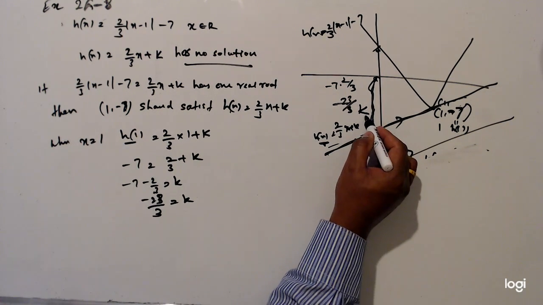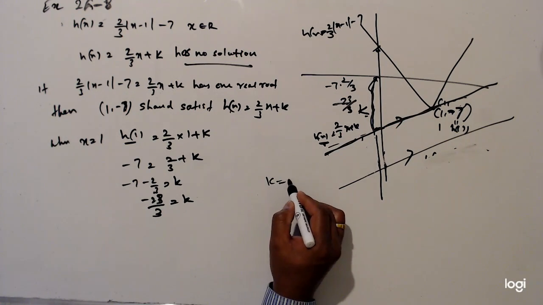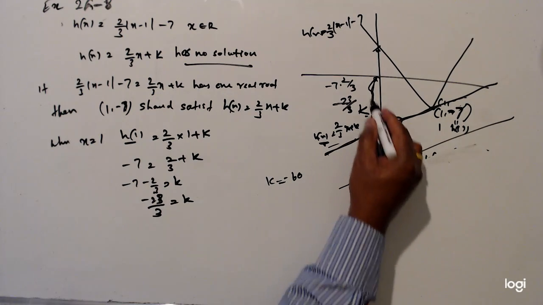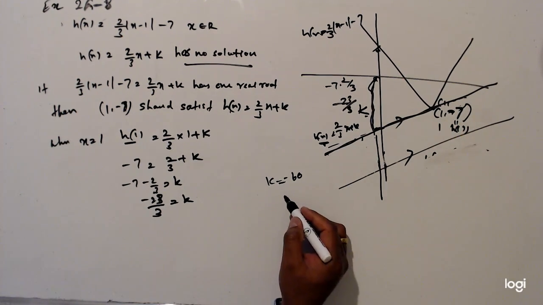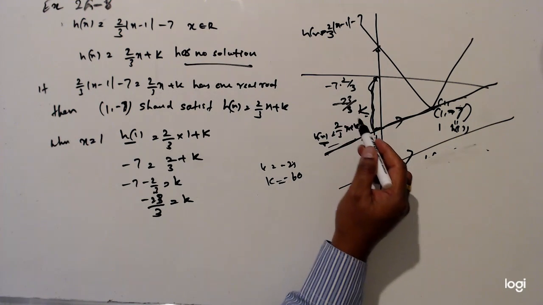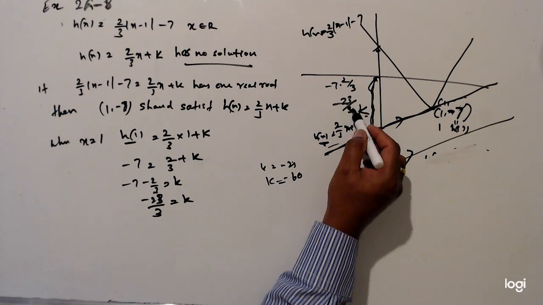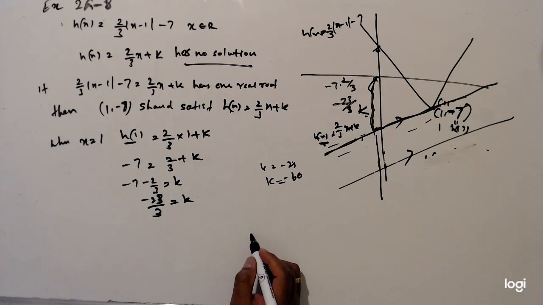What will happen? K value is minus 60. It means somewhere here it does not exist. What will happen? K value is minus 25. Minus 25 is also less than this value. It means somewhere here it does not exist.